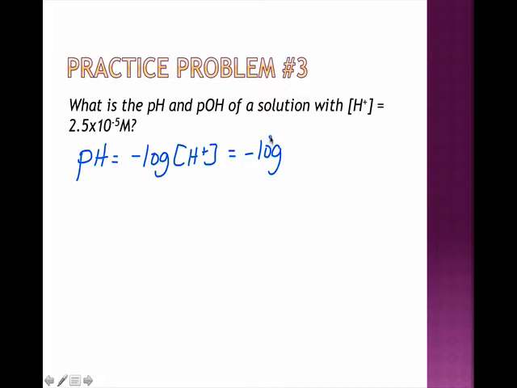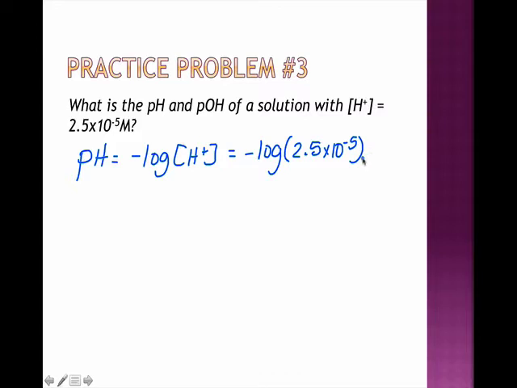On most scientific calculators there is one. It really depends on your calculator, but most of the time you will hit the negative sign, then the log button, and then type in 2.5 times 10 to the negative fifth. If you're struggling with this, come see me in class and we can look at your calculator and I can help you out.